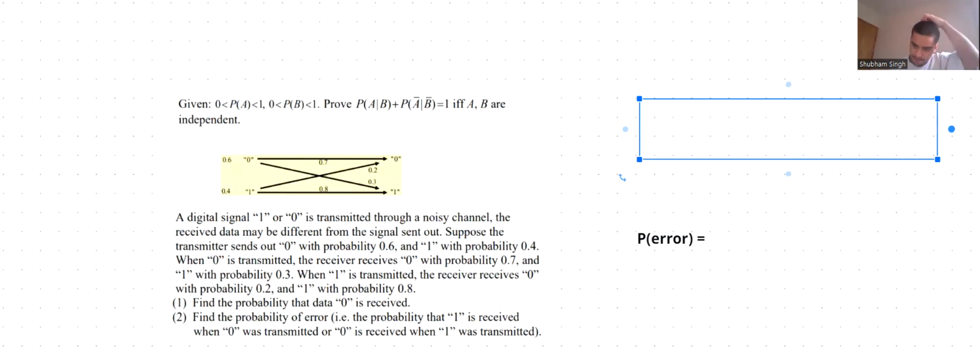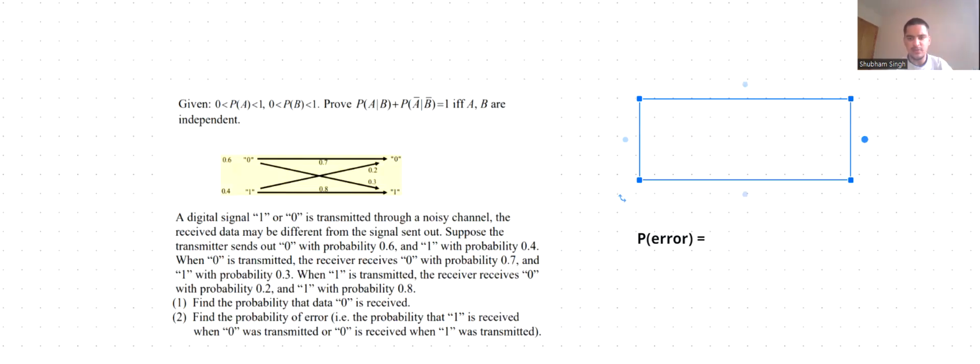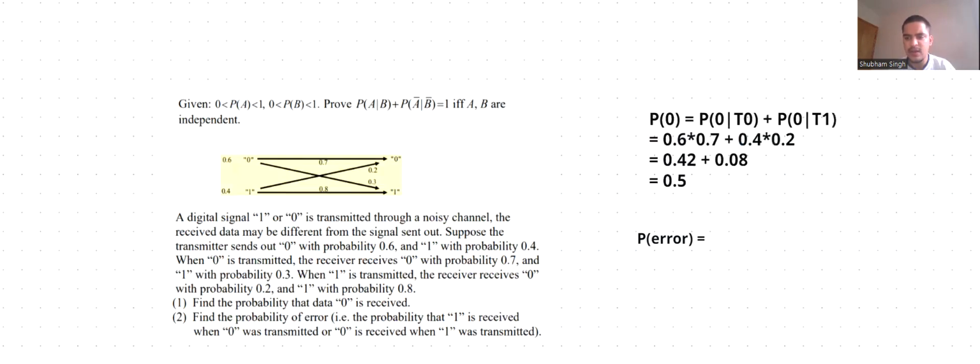So this turns out to be 0.42 plus 0.08, and the probability is 0.5. I hope that makes sense.